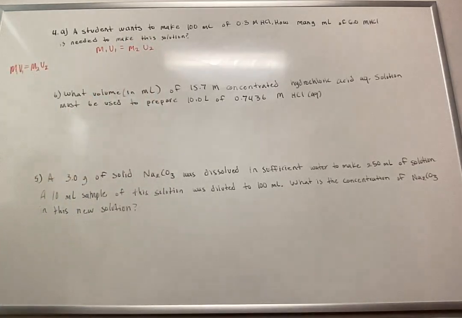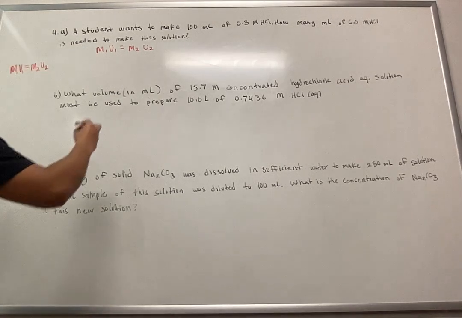In this case, a student wants to make 100 milliliters. That's going to be our second volume. Now, it's in milliliters, so we have to use liters: 100 over 1,000. So converting milliliters to liters, 100 milliliters is 0.1 liters.